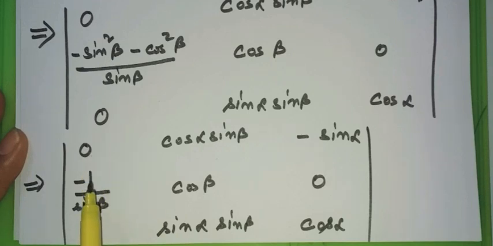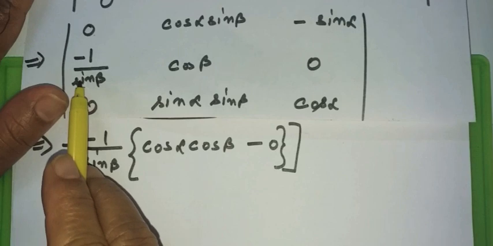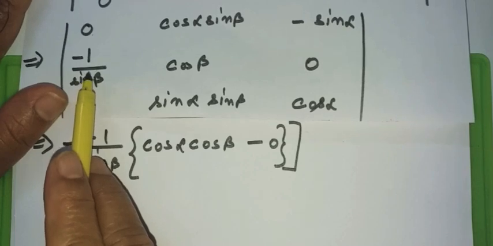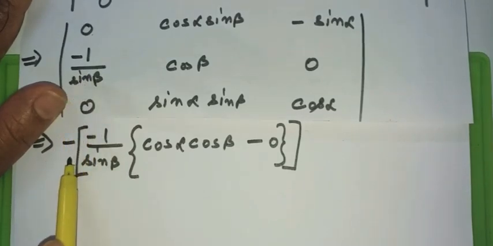So now I can expand this determinant by using the first column. So you can see that I am expanding it along the first column. The only non-zero element in the first column is minus 1 upon sine beta. Since this element lies at the odd position, I change its sign.